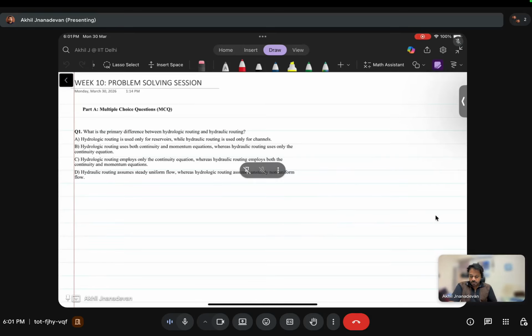Good evening all. We'll be continuing with the week 10 problem solving section of the engineering hydrology course. In the previous week we were dealing with hydrographs.